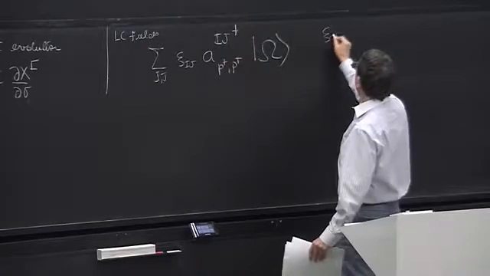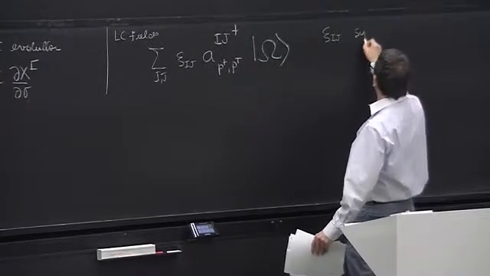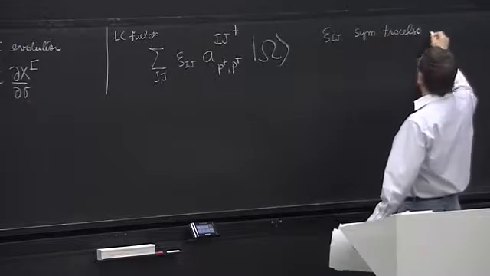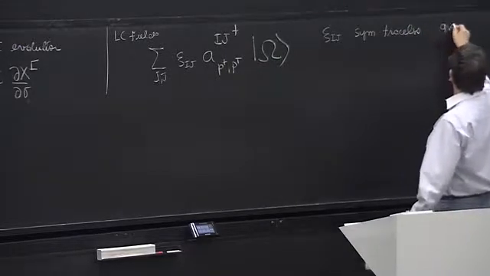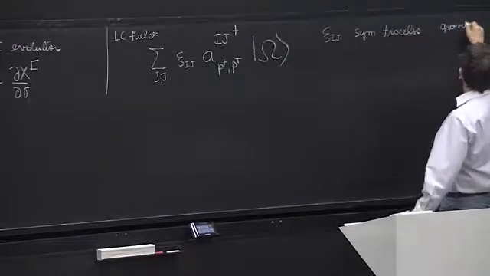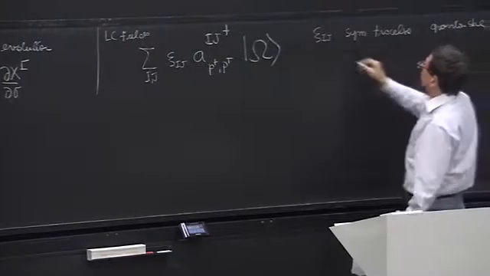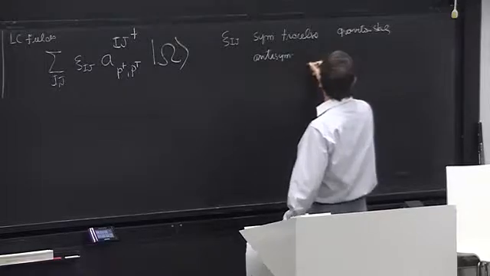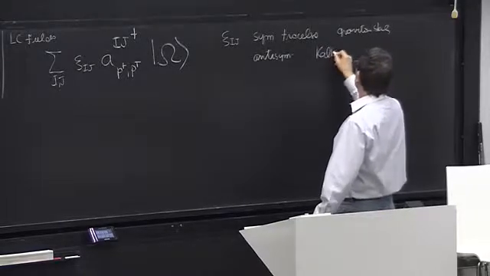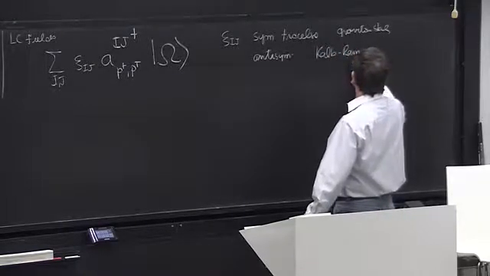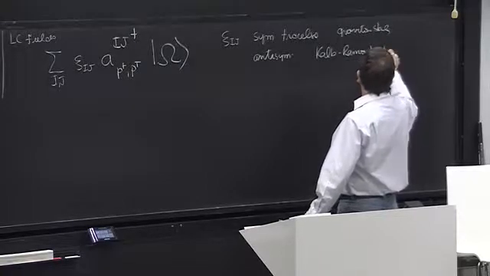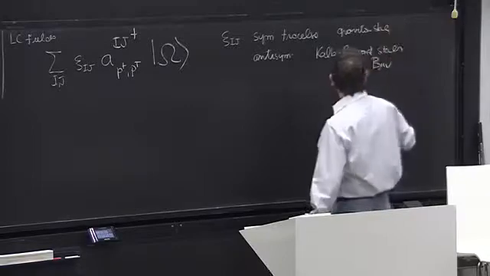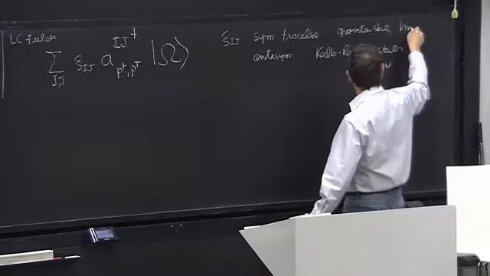And when psi ij were symmetric, traceless, these were graviton states. And when they were antisymmetric, which was a problem you did, these were Kalb-Ramond states. And those corresponded to the B mu nu field, and this for the metric h mu nu field.